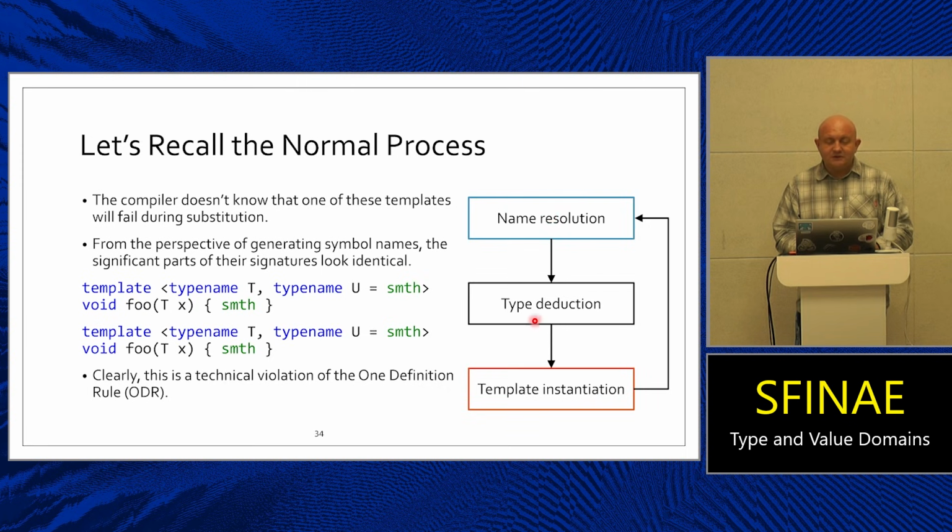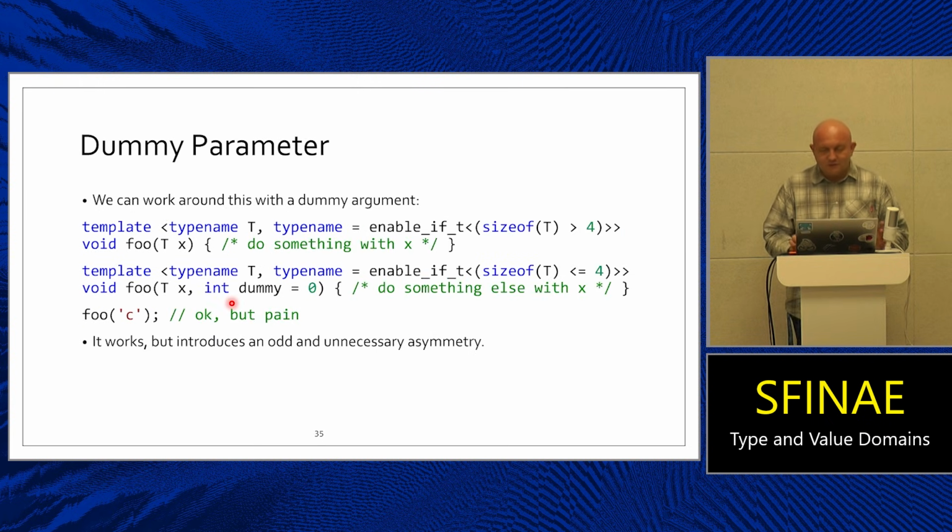The compiler doesn't even reach deduction or type substitution because the two templates look identical from its perspective. Default template arguments don't participate in overload resolution, so both declarations collapse into a single signature, and that's why we get a redefinition error, a formal ODR violation. Okay, let's try to fix it. The simplest fix is to add a dummy parameter, for example, an extra int argument with a default value of 0.